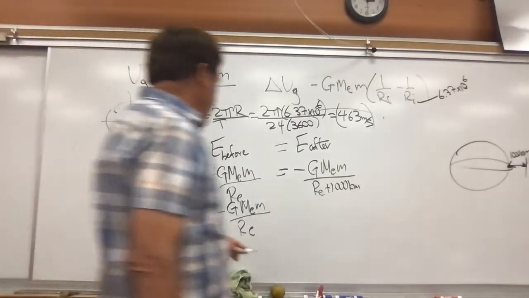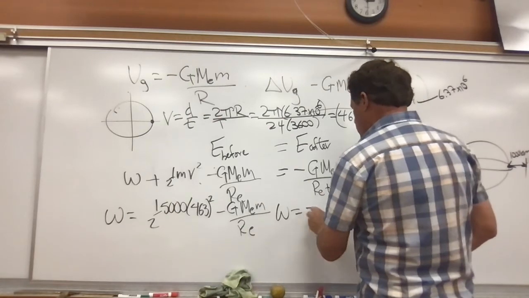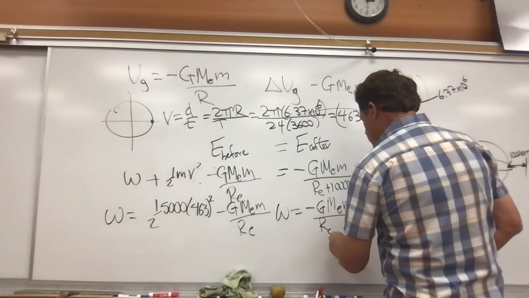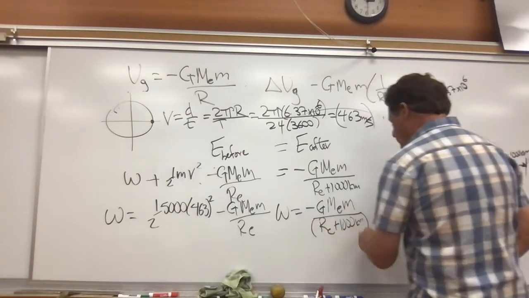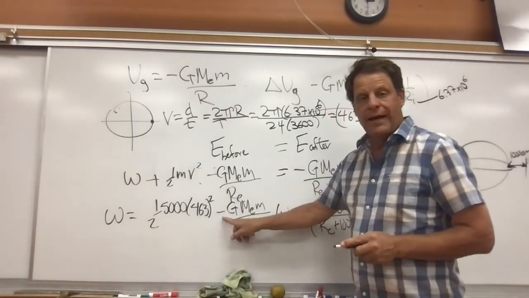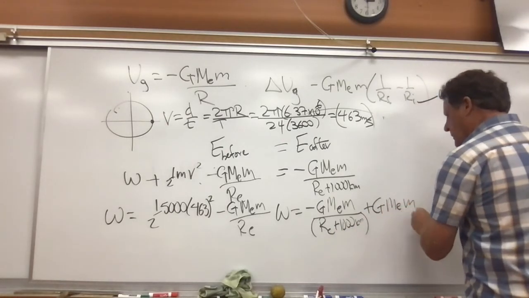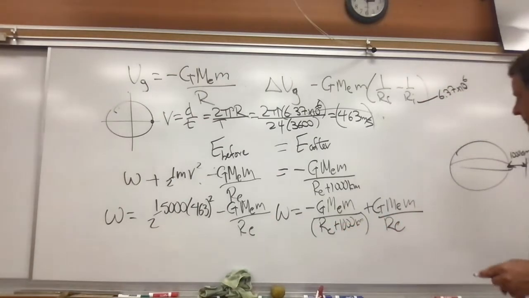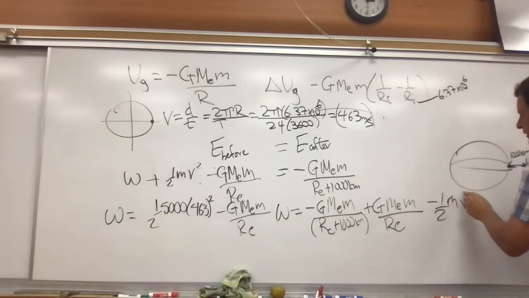So we're going to end up having work is equal to negative G mass of the Earth times the mass divided by the radius plus 1,000 kilometers, minus a negative, so that's going to be plus big G mass of the Earth times the mass divided by the radius of the Earth, which is less than that, minus 1/2 mv squared.